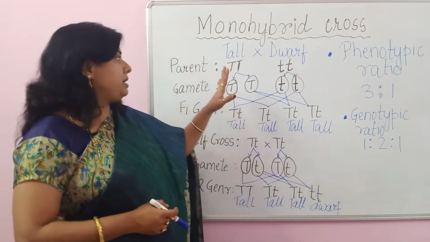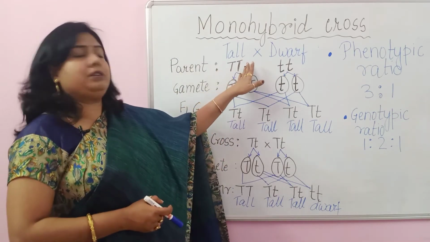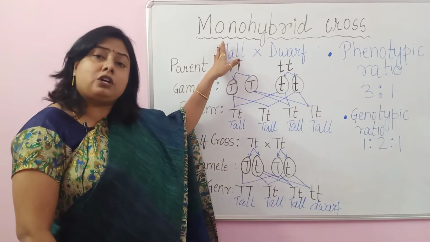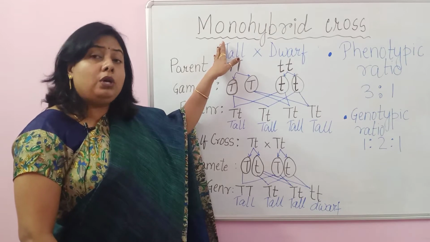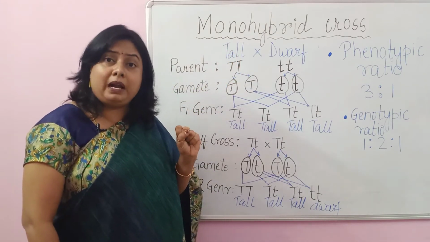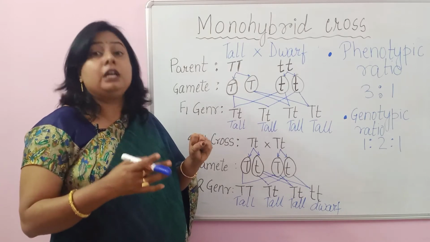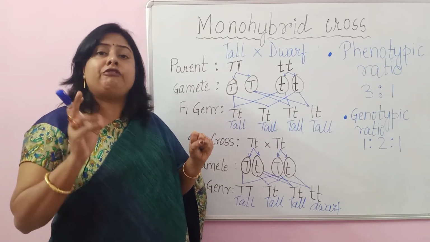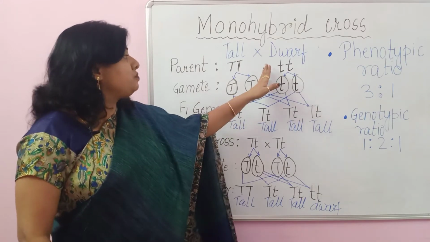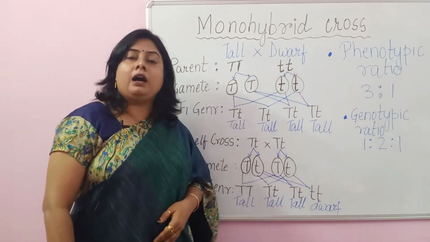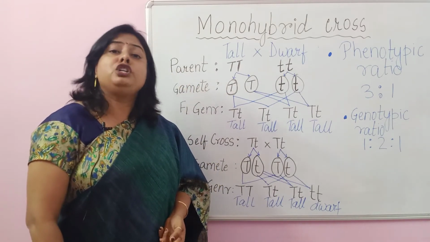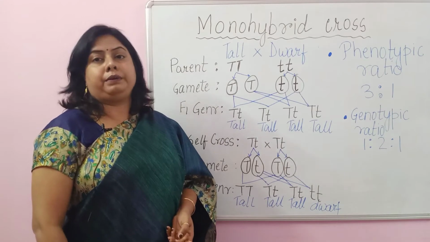For the time being, take capital T as the allele for tallness of the plant. These alleles control the tallness of the plant. They are the factors later known as genes for the tall character of the plant. And small t are the alleles for the dwarfness of the plant.